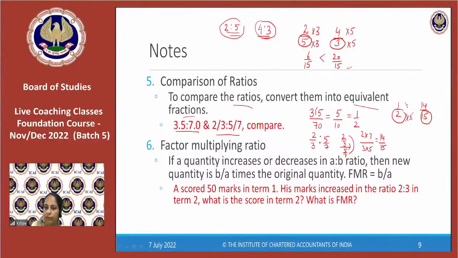So 15 multiplied in both numerator and denominator, and 2 multiplied in both numerator and denominator. So this gives me 15 by 30. This gives me 28 by 30, which is bigger. Clearly, 14 by 15 is a greater number.